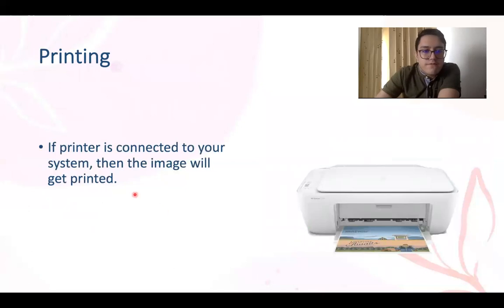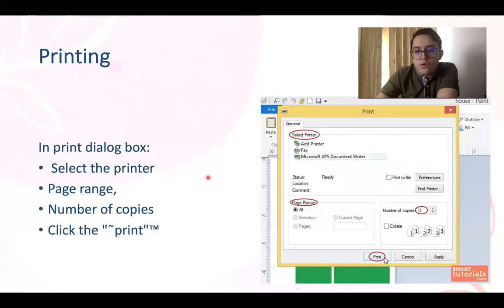Now, if the printer is connected to your system, then the image will get printed. So when you do this, you have to have something on your Paint already. So you have your drawing that you drew before, or something new that you draw freehand using a brush or any other command.